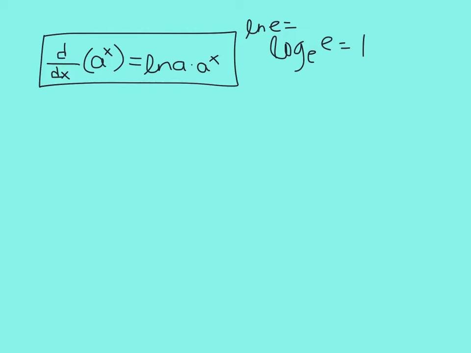So I'm going to give you the more general logarithm one, which we're going to use occasionally, but not very often. And then I'm going to give you the specific one for ln that we're going to use all the time. So first of all, the derivative of log with a base b, log base b of x, is going to be equal to 1 over x times the natural log of your base.